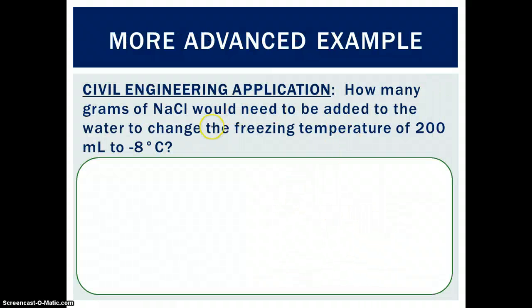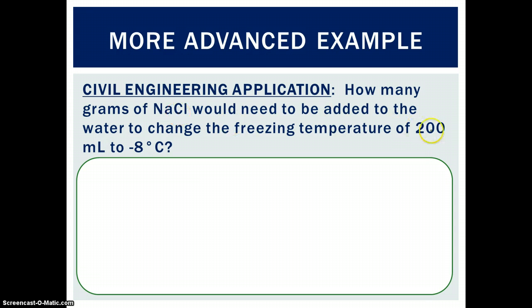Alright, one more application. This is more of a design approach, an engineering application. Think about it as, how would I know that it's going to be -8 degrees outside tonight. How much salt do I need to add to change the freezing temperature of the water?